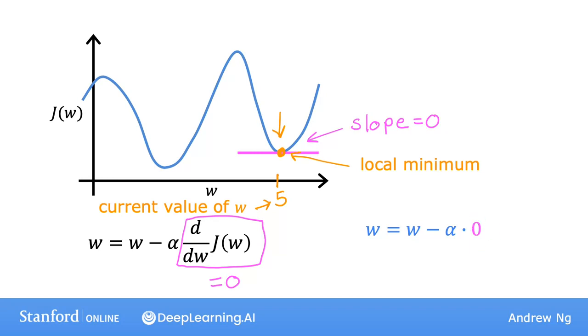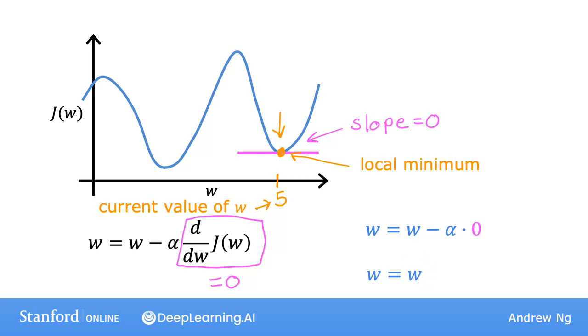And this is the same as saying, let's set w to be equal to w. So this means that if you're already at a local minimum, gradient descent leaves w unchanged because it just updates the new value of w to be the exact same old value of w.